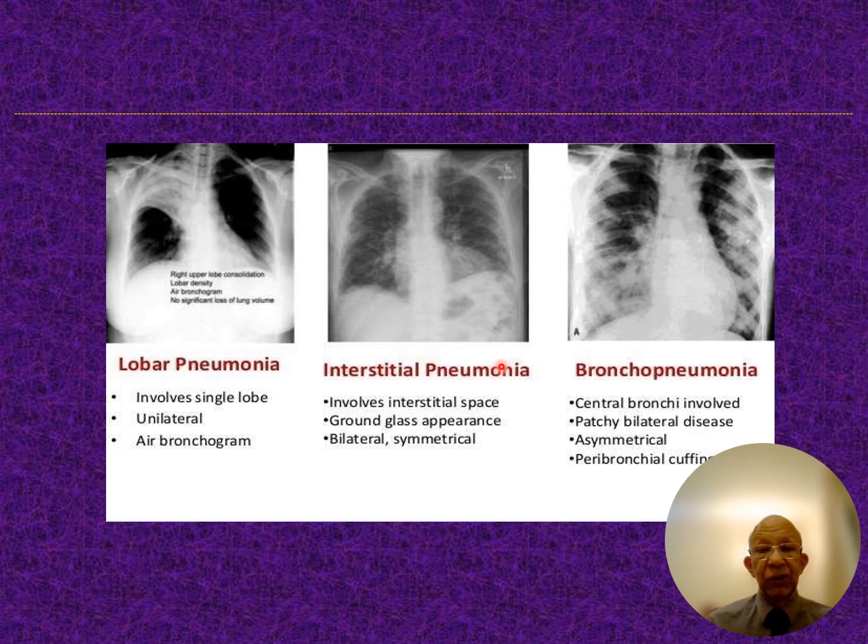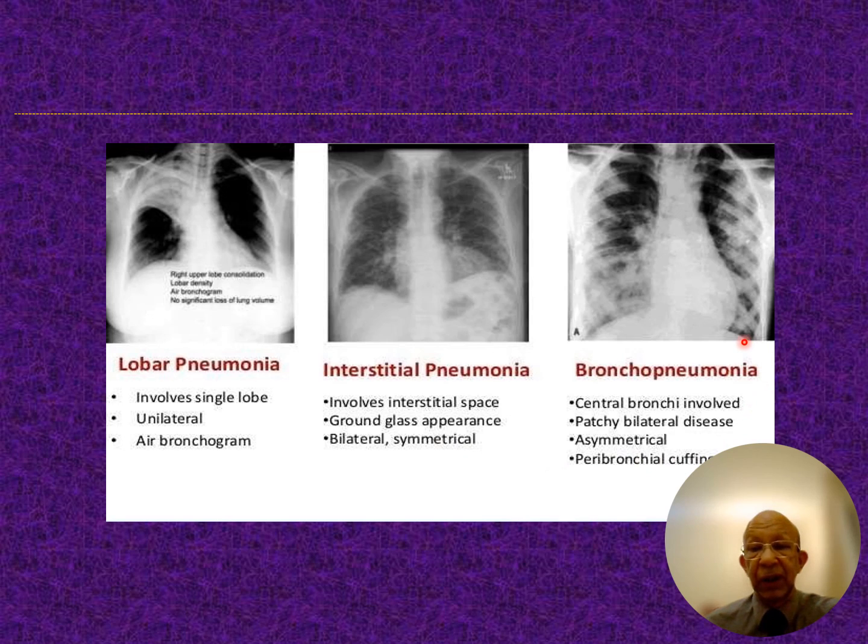Then you have the interstitial pneumonia, and the classic one, which we have seen so many times over the last few years, was the atypical pneumonias, classic of causing interstitial changes, like, for example, COVID pneumonia, right? And the classic thing is you see ground glass appearances on CTs, right? Usually bilateral, symmetrical or asymmetrical.